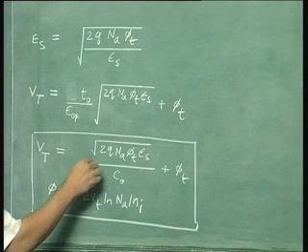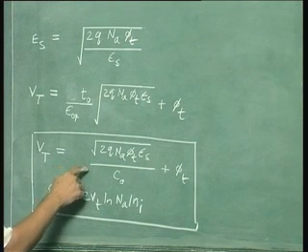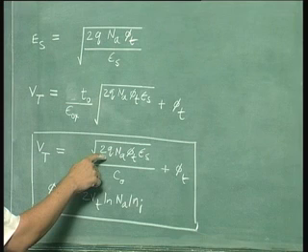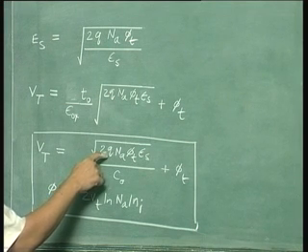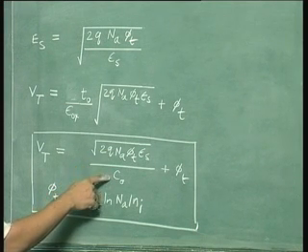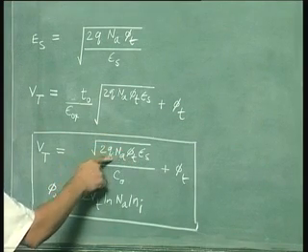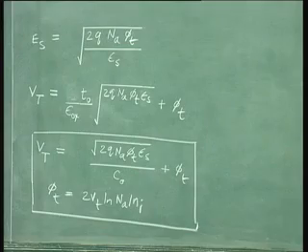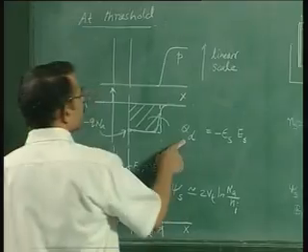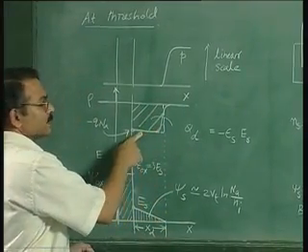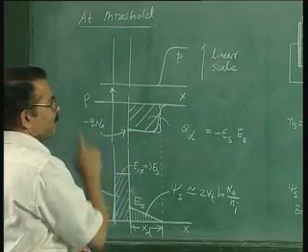as follows. Since this is the dimension of volts, the numerator is charge per unit area, because charge per unit area divided by capacitance per unit area will give you voltage. Now what is the charge that we are talking about here? This charge is nothing but this particular charge, the depletion charge here, okay.